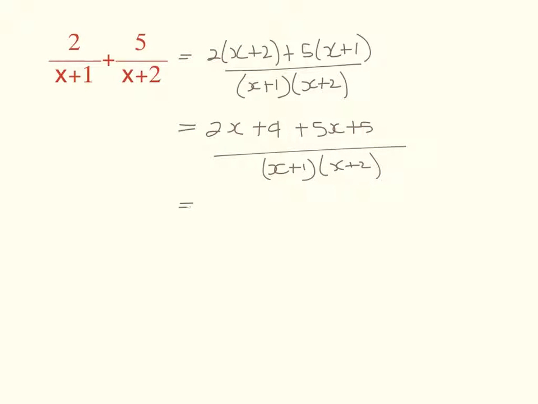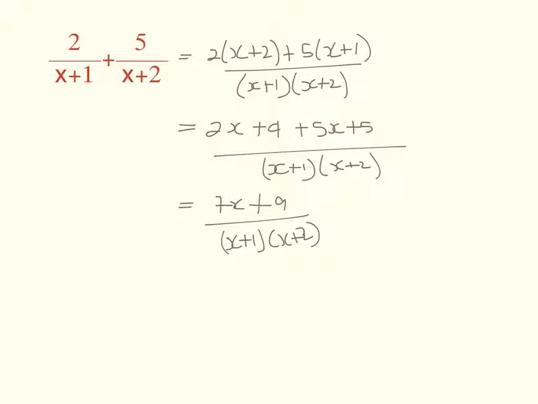Now, combine the x's, so that gives me 7x. Combine the numbers, that gives me 9 all over x plus 1 and x plus 2. And just like that, we're finished.